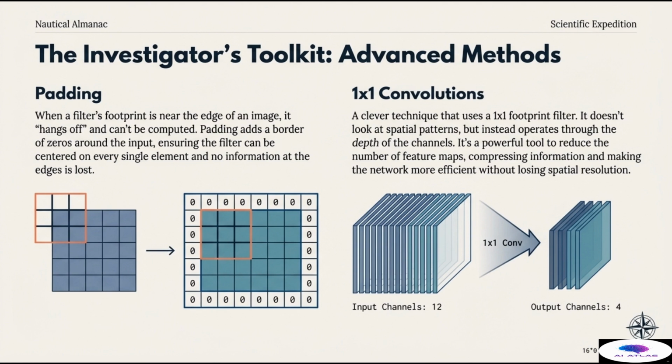If we have 12 input feature maps, the 1x1 convolution acts as a linear combination across those 12 channels for every pixel position. This technique is incredibly powerful for reducing the number of feature maps, effectively compressing information, and reducing the dimensionality of the depth, while making the network significantly more efficient without sacrificing the spatial resolution of the image.